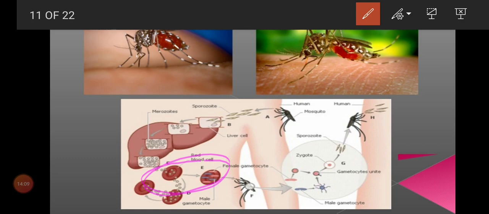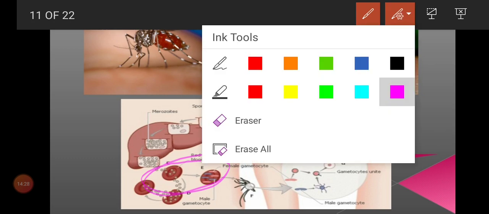The blood is carried by the mosquito. When a person has the disease and the mosquito carries it, and this mosquito bites another person, that person will also get the disease. This way it spreads from person to person.